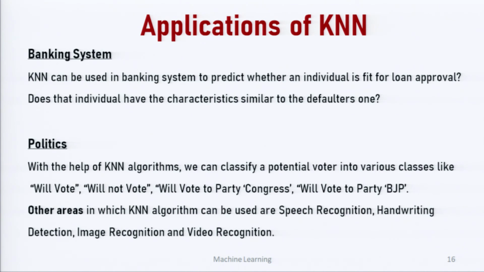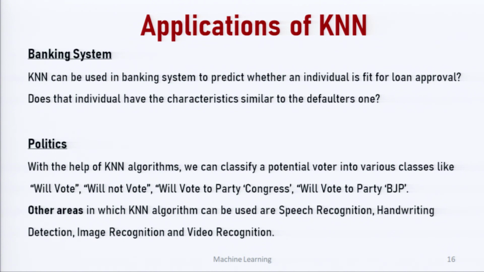Now, what are the applications of this KNN algorithm? Basically, it finds application in the banking system, where the algorithm is applied to predict whether an individual is fit for loan approval or not. There will be a database consisting of the previous history of different persons who have taken loans and who have or have not paid on time.